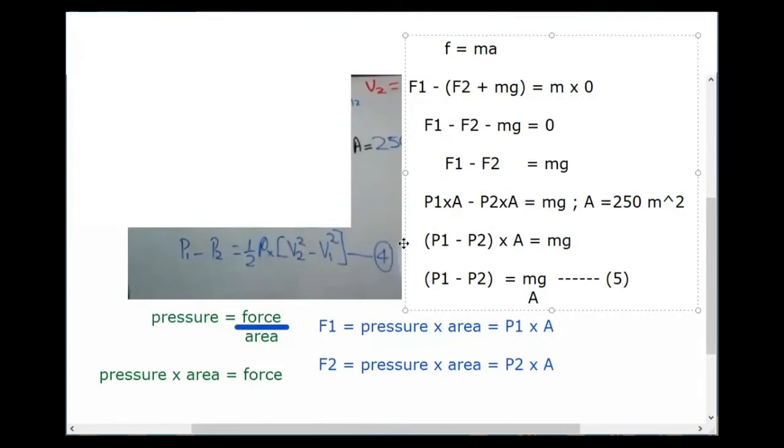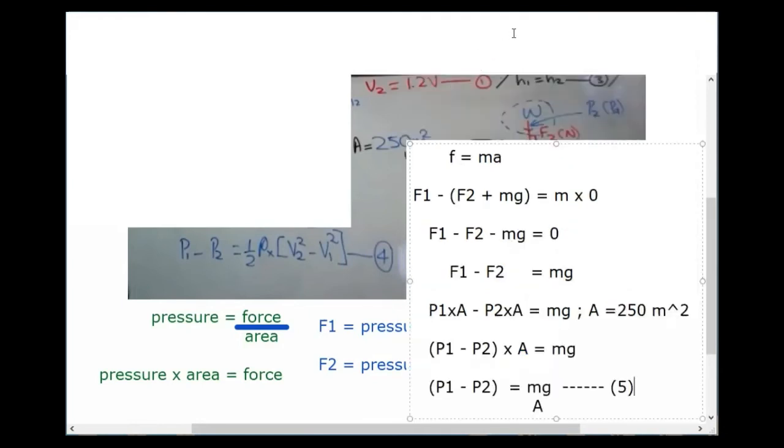Somebody unmute the mic and read equation number 4. P1 minus P2 equals half rho into V2 squared minus V1 squared. Very good. And what is the first equation here? Somebody please unmute the mic and tell me what equation number 1 is.